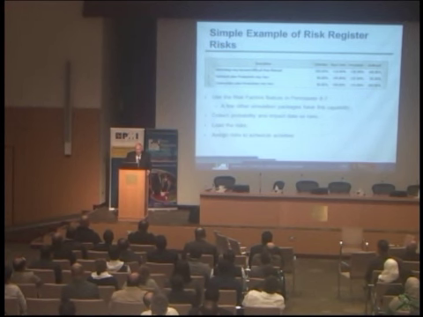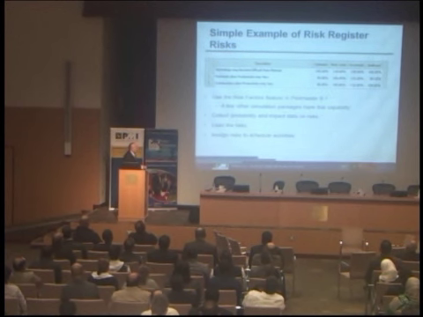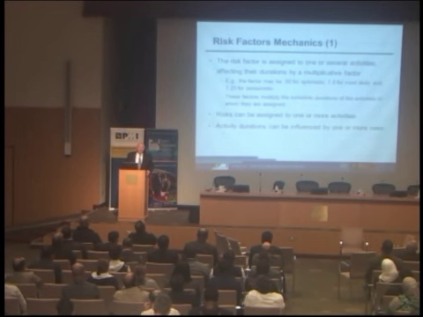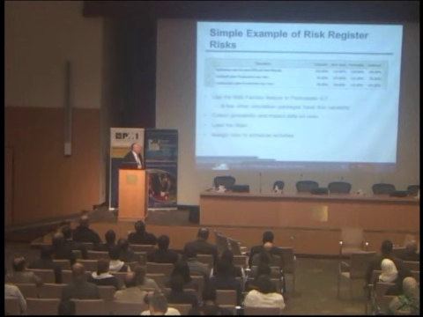So that happens sometimes. That's why sometimes you have a most likely factor that is not 100, but more than 100 usually. Okay, risk factors mechanics. I'll just tell you, if the risk occurs on some iteration, a number is chosen from these ranges. A triangular distribution is made.